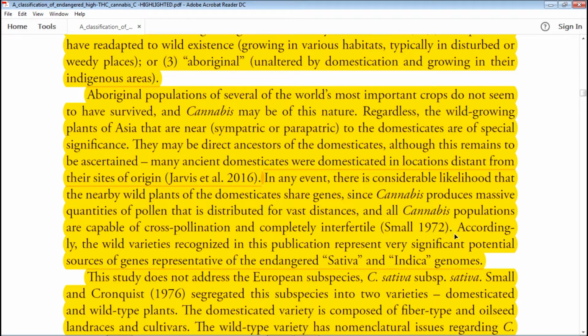Accordingly, the wild varieties recognized in this publication represent very significant potential sources of genes representative of the endangered sativa and indica genomes.